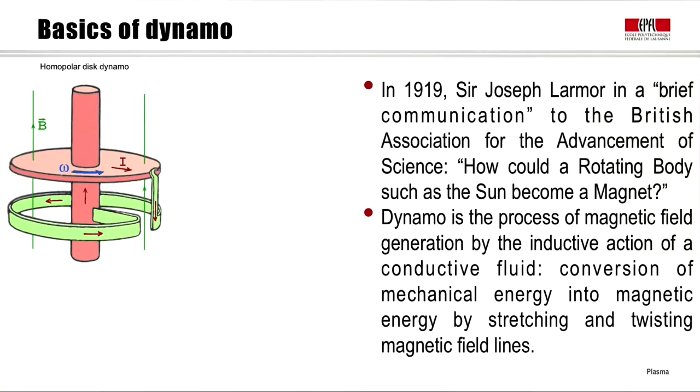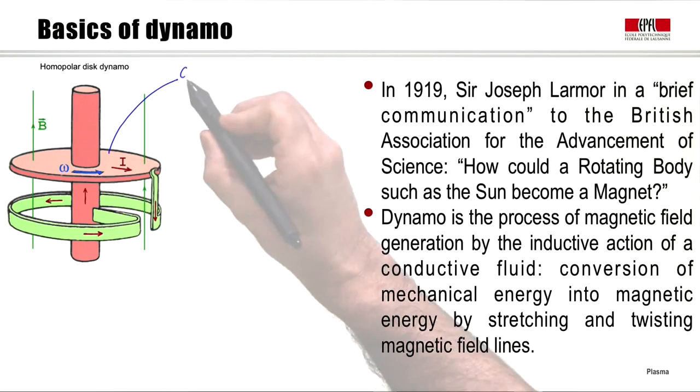In essence, the mechanical energy of the flow can be converted into magnetic energy by stretching and twisting the magnetic field lines. Before going into the details of plasma physics, let's consider a simple mechanical dynamo, as the one that is shown here, called the homopolar disk dynamo.